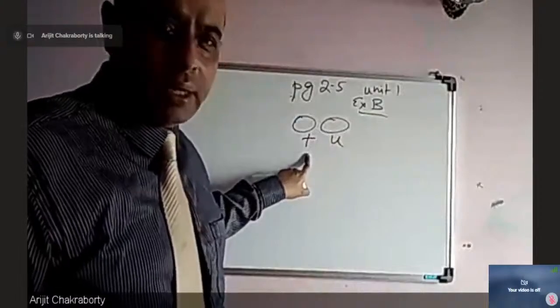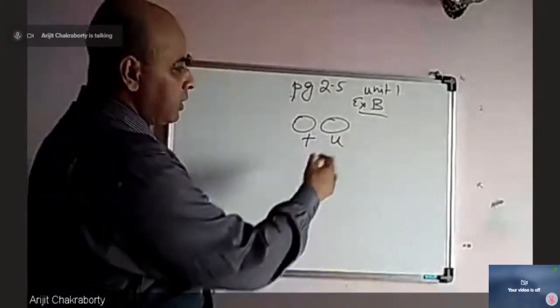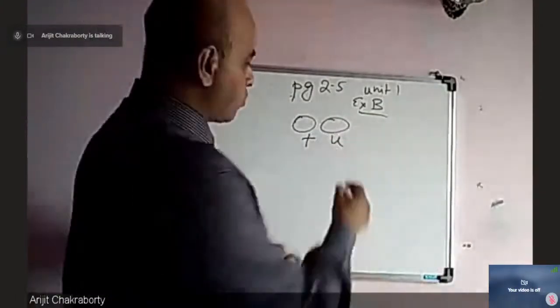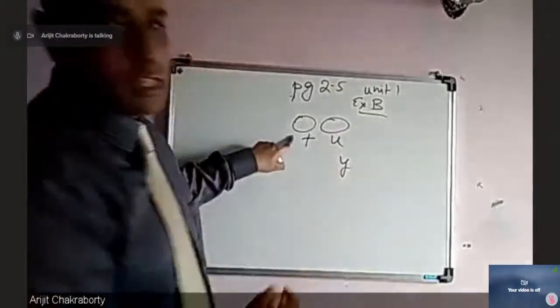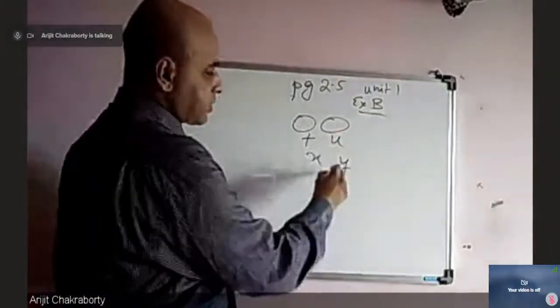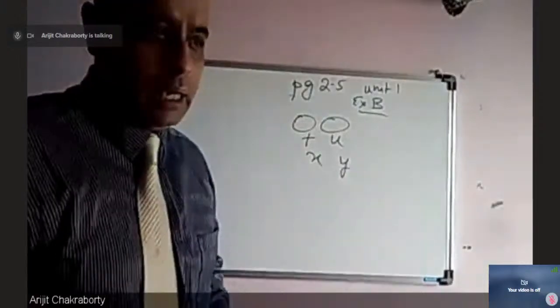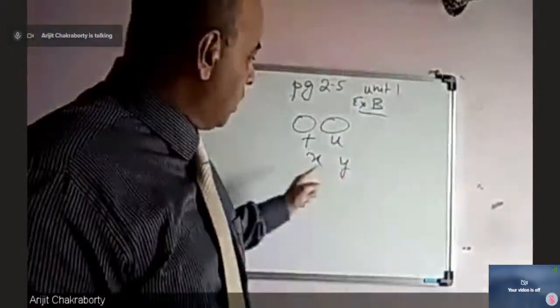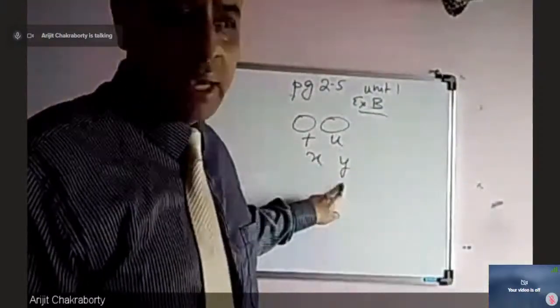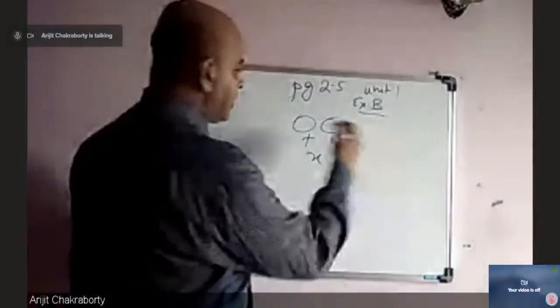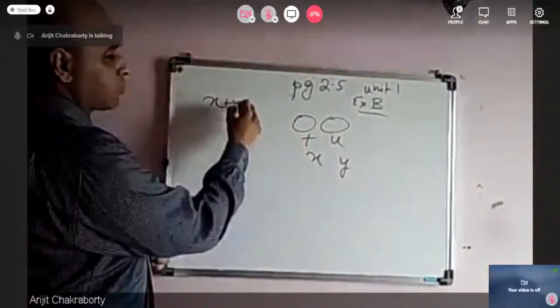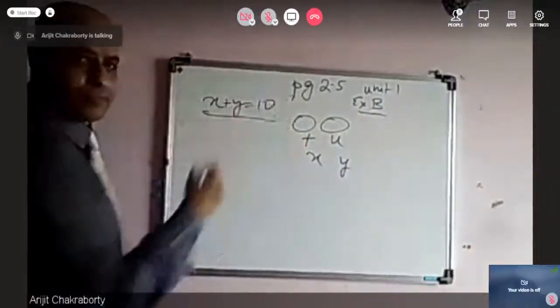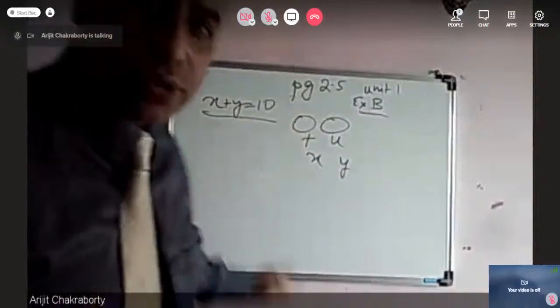So here, let us assume the number in the units place is y, and in the tens place, the number is x. So they are saying that the sum of the digits, that is sum of x and y, is 10. So I'm writing here x plus y equal to 10.